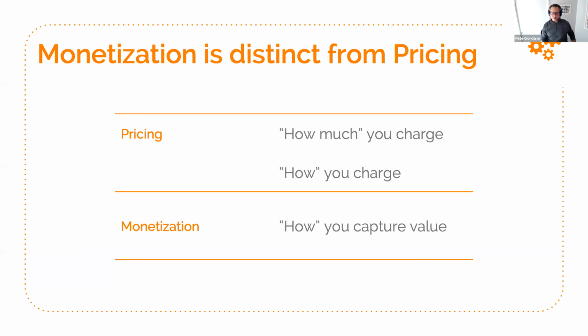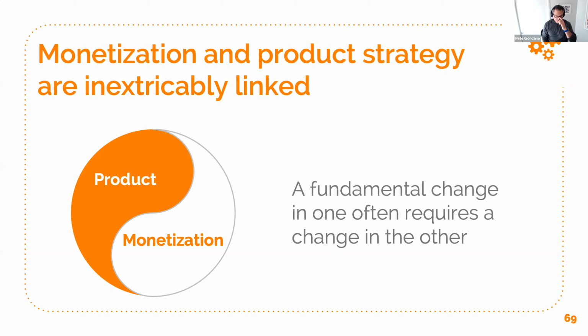Why is this important? Because monetization is utterly separate from pricing, completely separate. Pricing is about how much you charge and how you charge. Monetization is about how you capture. And this is another key takeaway from this talk. Before you go out and talk to customers about price, please consider this.